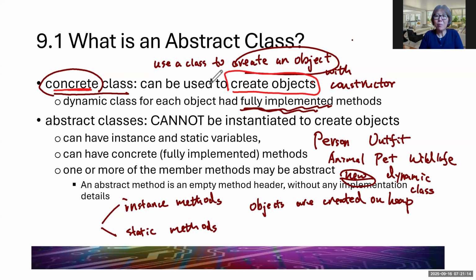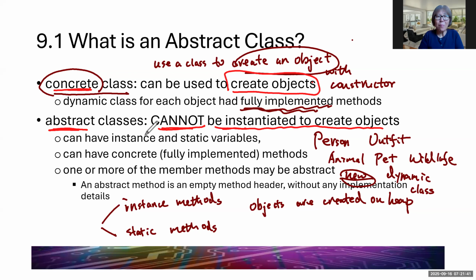In this chapter, we will learn another concept, called abstract classes. Abstract versus concrete: abstract classes cannot be instantiated to create objects.